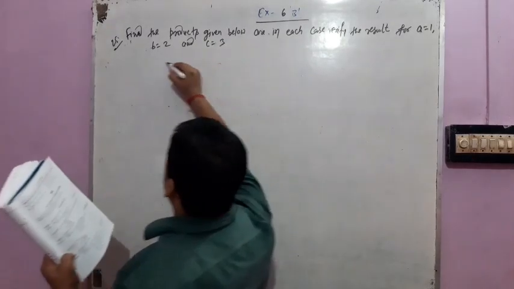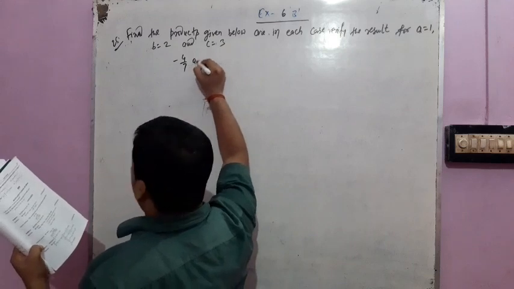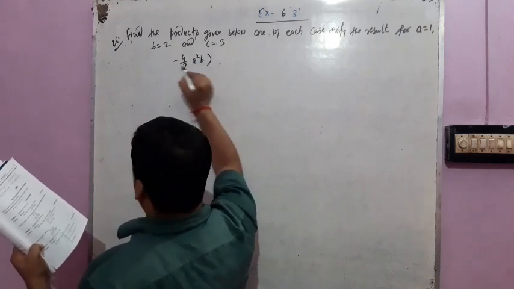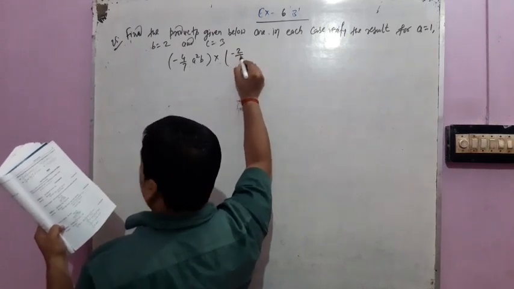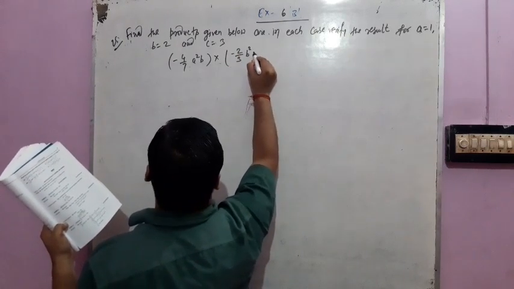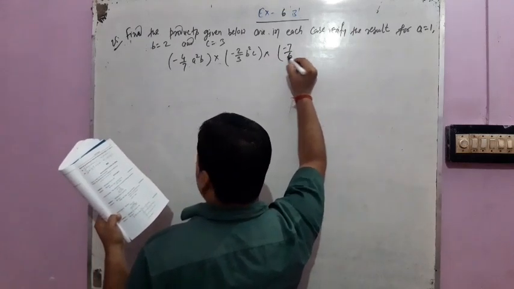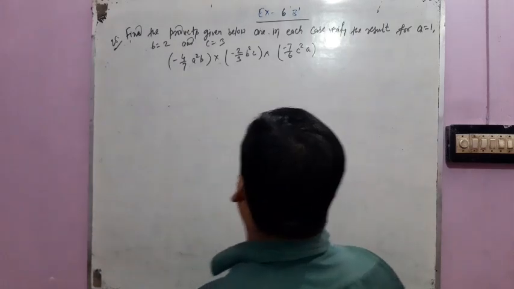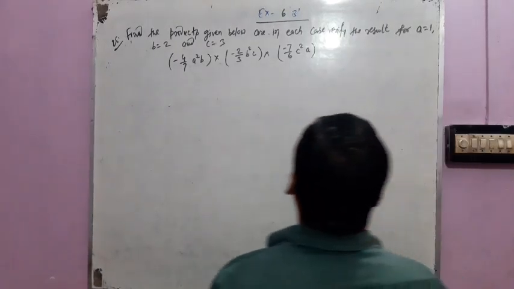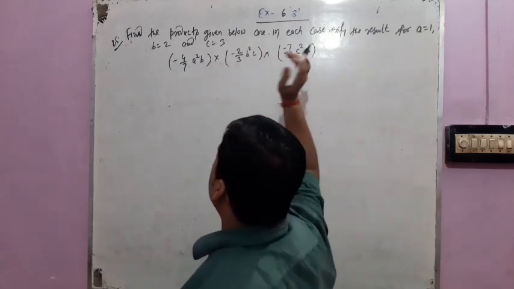And the question is, students: minus 4 by 7 A square B into minus 2 by 3 B square C into minus 7 by 6 C square A. First we have to multiply, and then verify the result for A is equal to 1, B is equal to 2 and C is equal to 3.